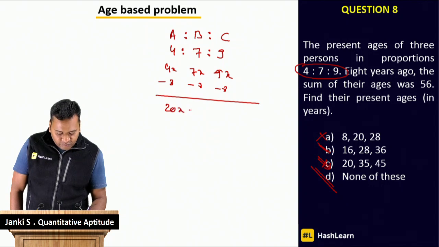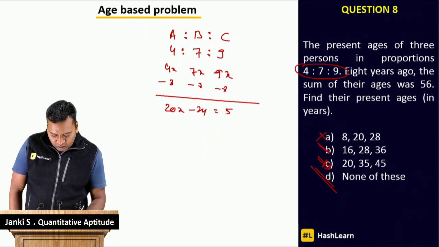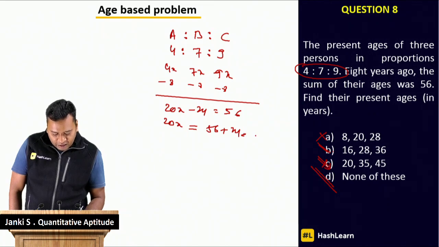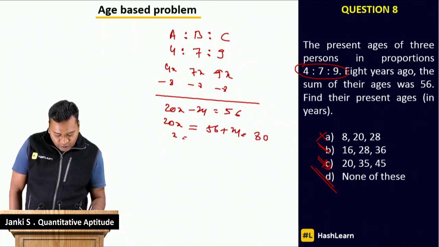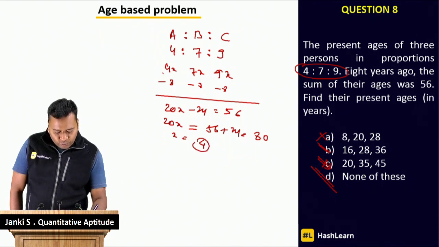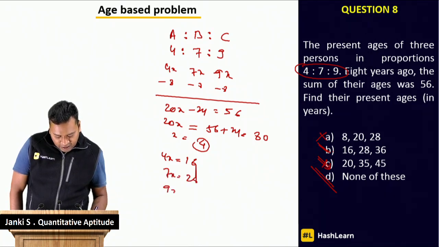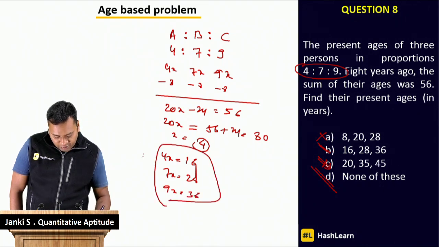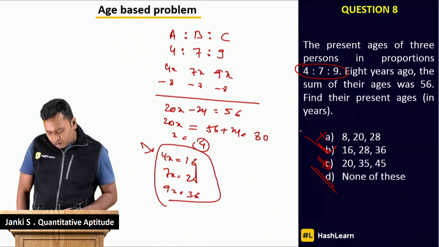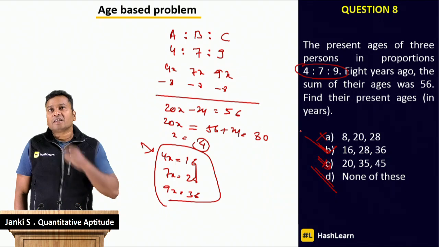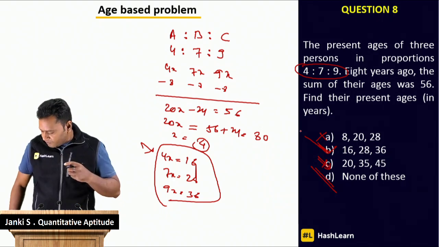So 20x minus 24 has to be nothing but 56. So 20x should be equal to 56 plus 24, right? That's nothing but 80. X value has to be nothing but 4. So x value is 4. That means 4x is equal to 16. Then 7x is equal to 28 and 9x is equal to 36. These are my values possible, right? That's nothing but option B. 16 is to 28 is to 36 will be my value possible here.